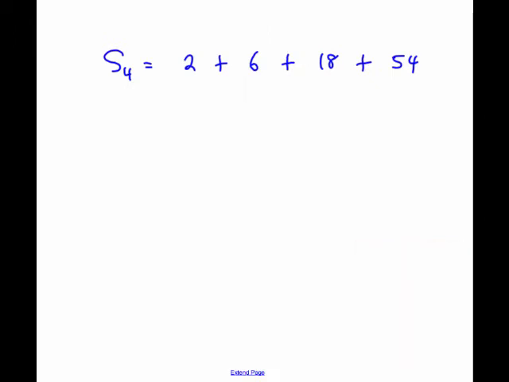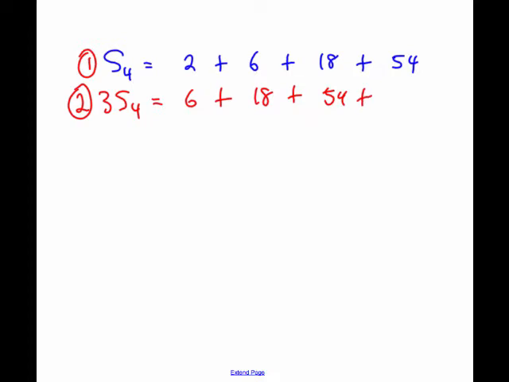So I'm going to take this given series that I want to find the sum of, and I'm going to take this equation, number 1, and multiply it by 3, which is my multiplier. Multiply both sides of equation 1 by 3 to get 3s4 equals, this would be 6, 18, 54, and this would be 162.